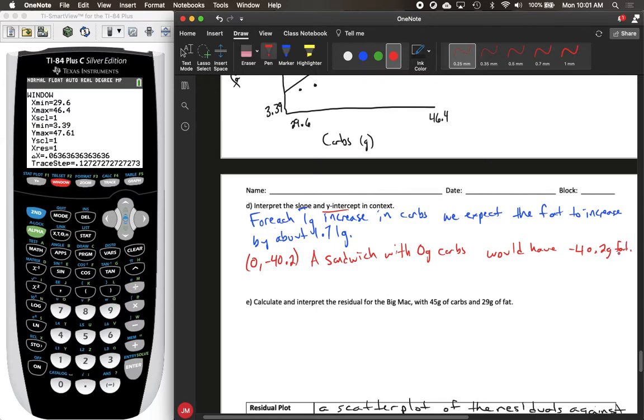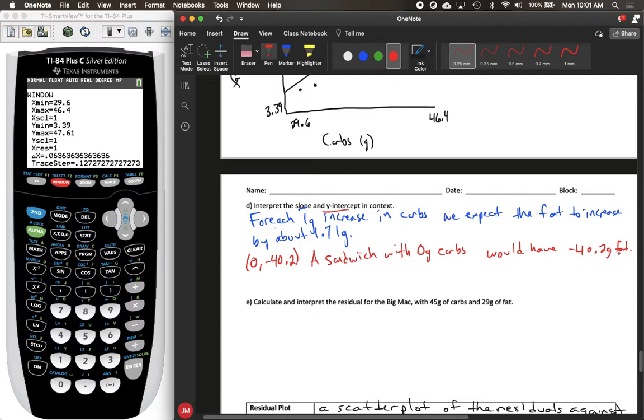In this case, the y-intercept doesn't make a whole lot of sense, and oftentimes it won't. That's okay. We can still interpret it. Just know that the interpretation in context is not going to make a whole lot of sense because obviously you can't have negative 40 grams of fat.